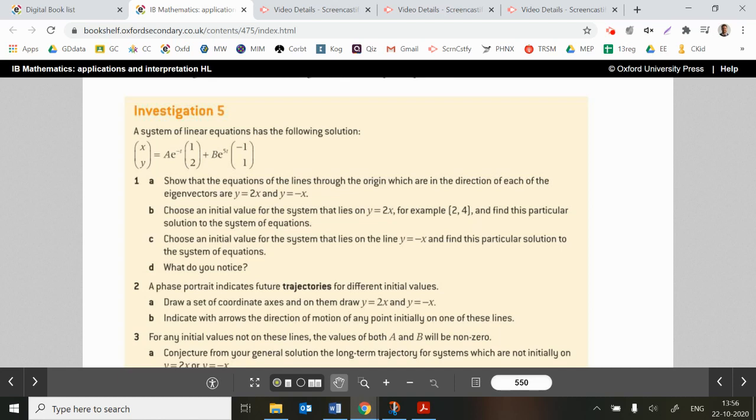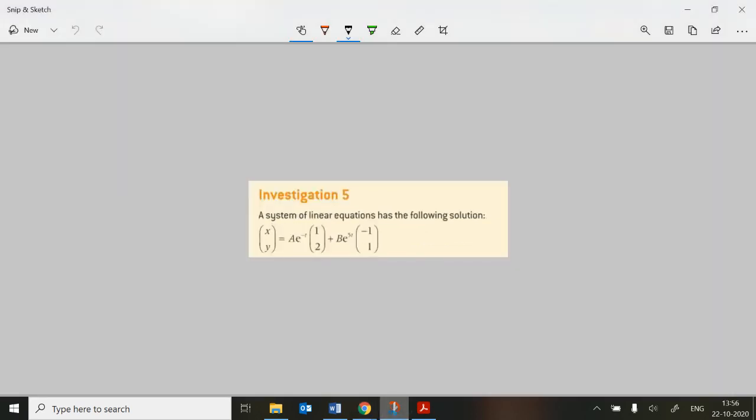Okay, so let's put that in then. Let's say when we put in 2, 4, it's lying on this line here. Let's put that in here and see what we get out. So we put in 2, 4, and that's equal to A e to the minus t of 1, 2, plus B e to the 5t of minus 1, 1.